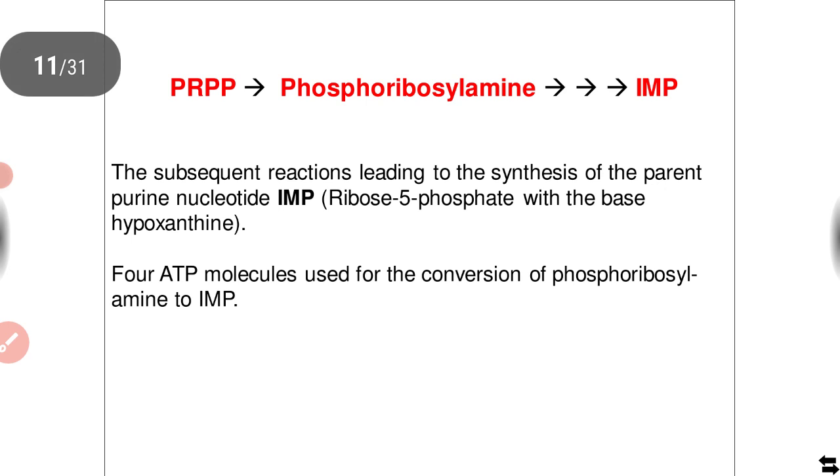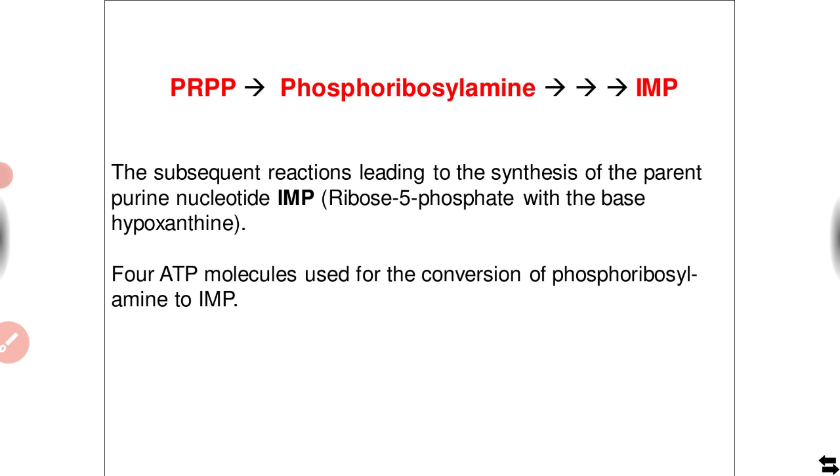So, moving on to the actual steps of de novo synthesis of purines. PRPP, the activated ribose 5-phosphate, is converted into phosphoribosyl amine. The amino nitrogen of glutamine is transferred to PRPP to form phosphoribosyl amine by the enzyme PRPP glutamyl amidotransferase.